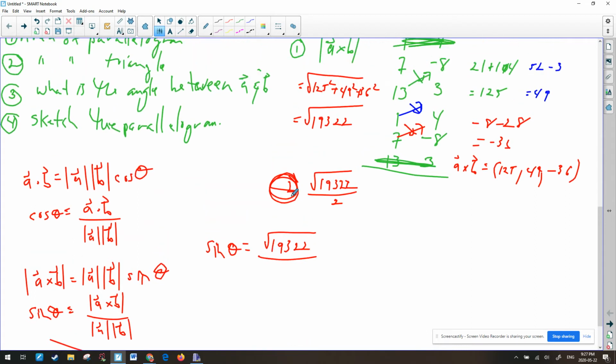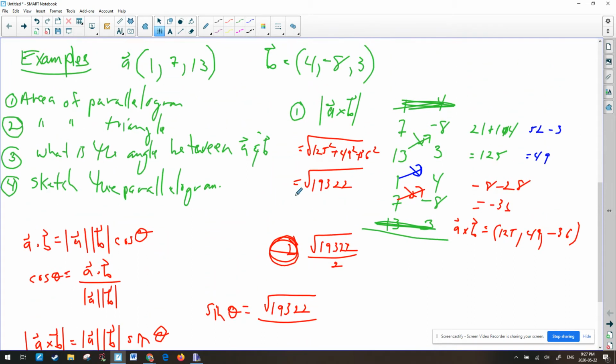So if we go back up here, we're going to need the magnitude of A. So let's do this over here, I guess. So the magnitude of vector A is going to be equal to the root of 1 squared plus 7 squared plus 13 squared. So that's 1 plus 49 is 50. I think that's 169. So that's like 219, I believe.